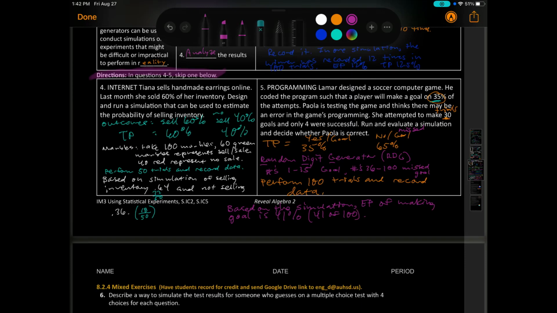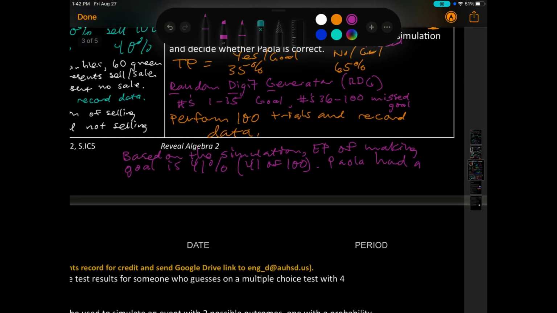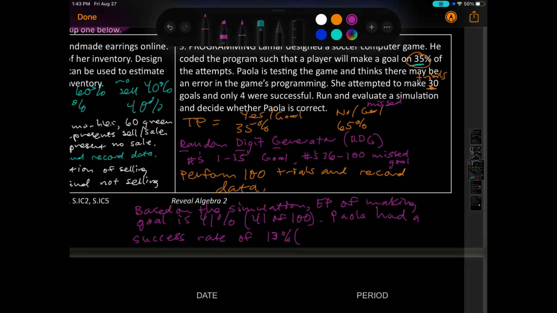And let's compare that now to Paula's. Paula had a success rate, where she scores a goal, success rate of only 13%. That is 4 out of 30.